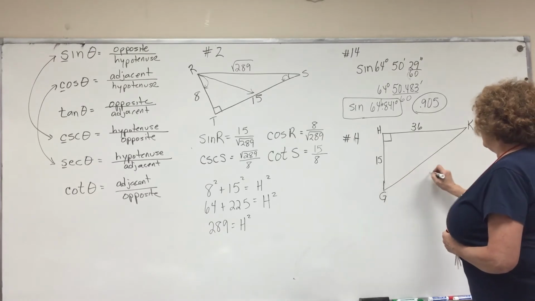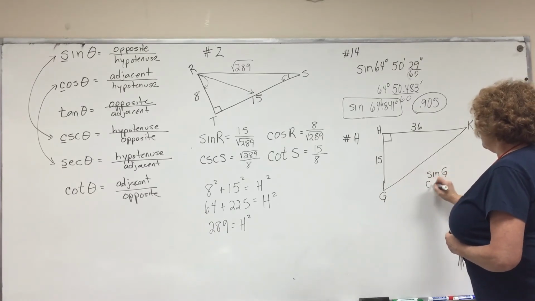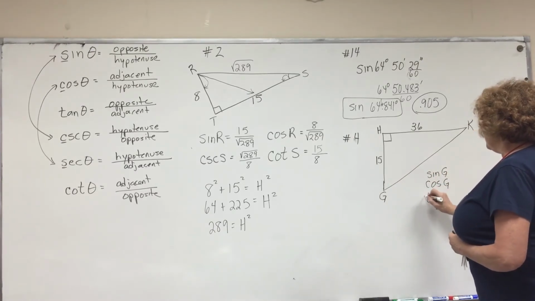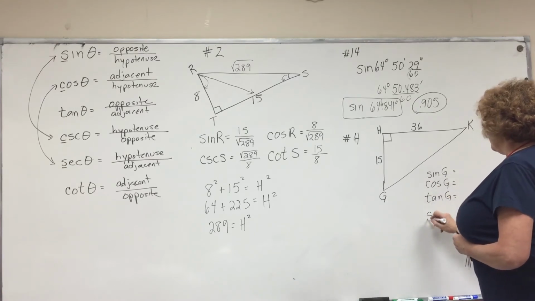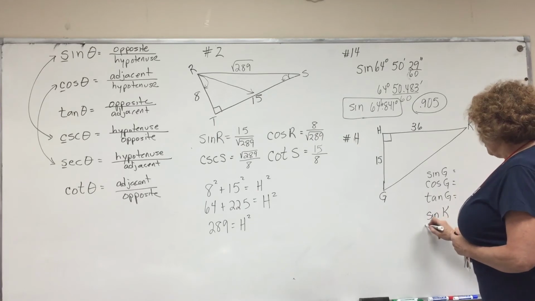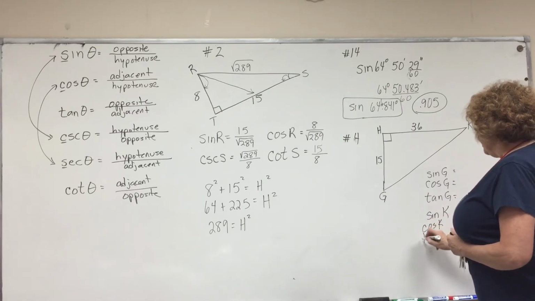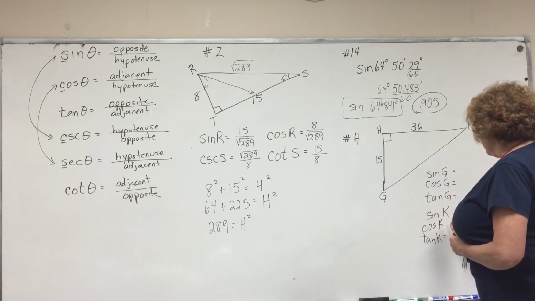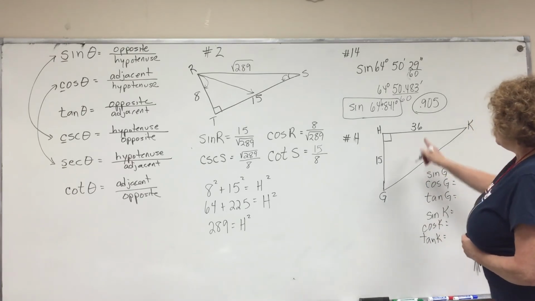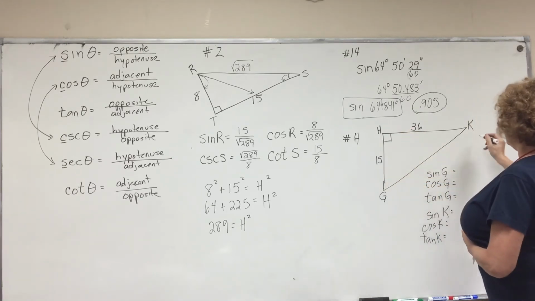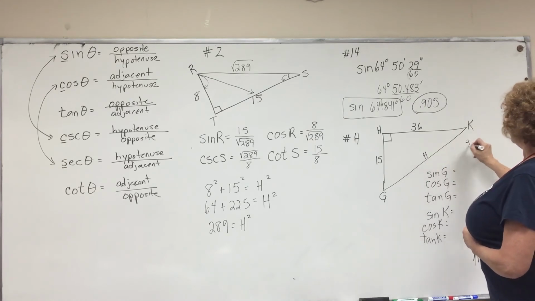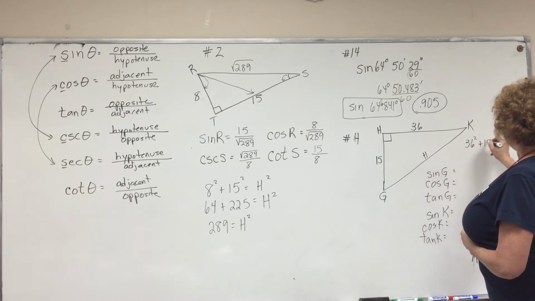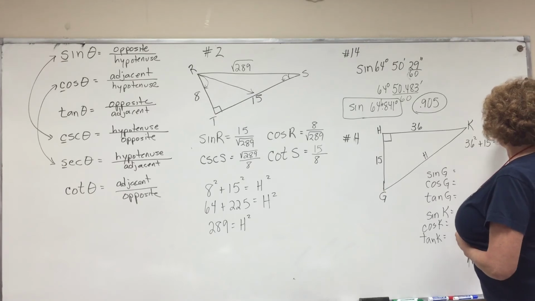So they want the sine of G, the cosine of G, and the tangent of G. And then they want the sine of K, the cosine of K, and the tangent of K. But once again, we use the Pythagorean theorem. So this is the hypotenuse. So you would do 36 squared plus 15 squared equals h squared.